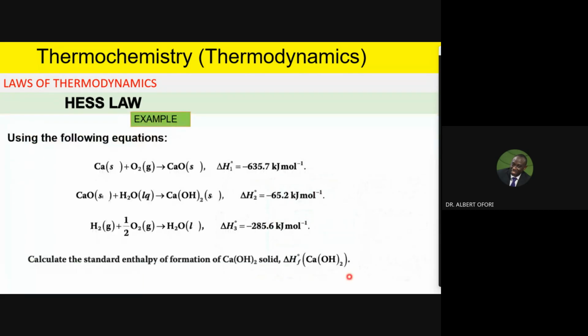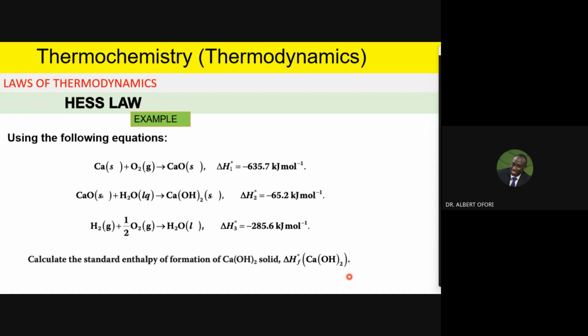Okay, that's Hess's law. So basically, say for example I have this equation there. It says that we should use these equations to produce this. So find the standard enthalpy of formation for calcium hydroxide. Well, how do I find that?